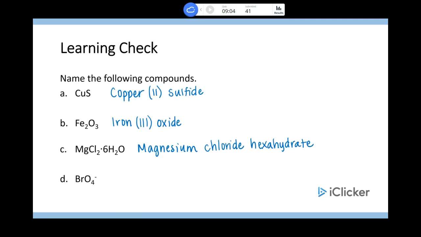Next, we have a polyatomic ion. This polyatomic ion has a halogen, bromine, and 4 oxygen atoms. This follows the per-bromate rule. That's the name of it, perbromate. This is in our list of rules on the page for oxo anions.